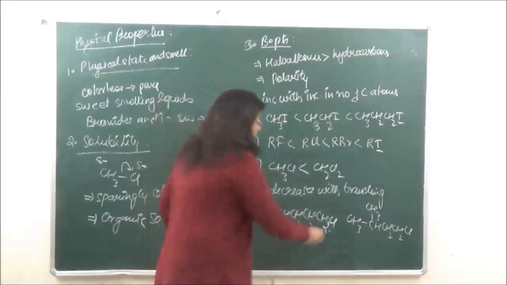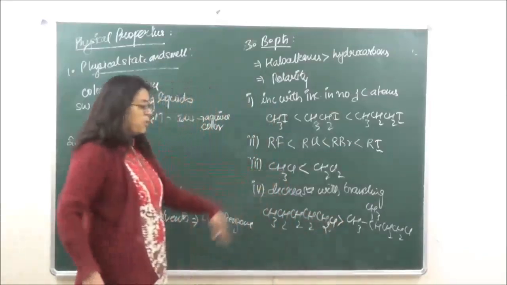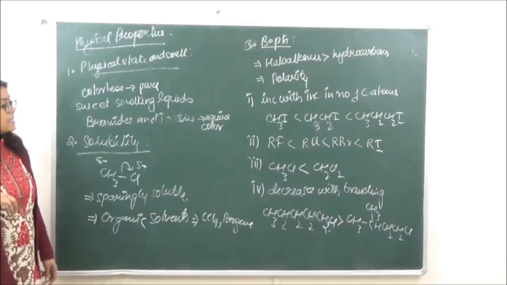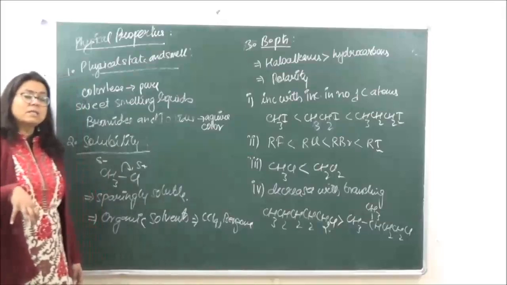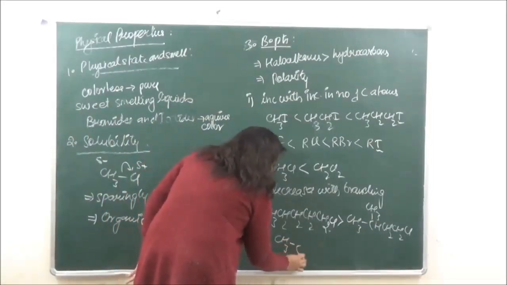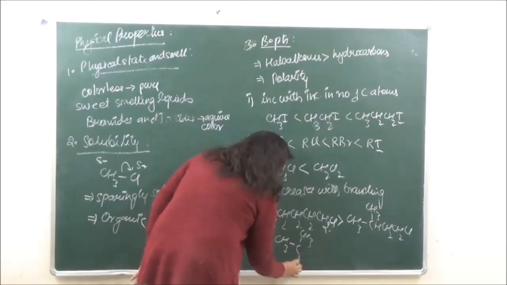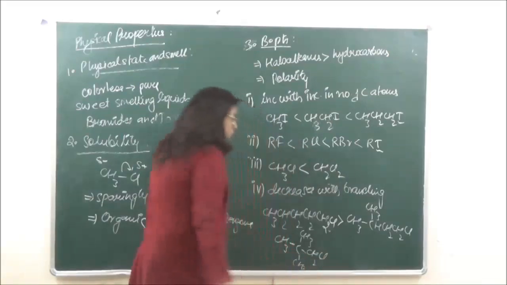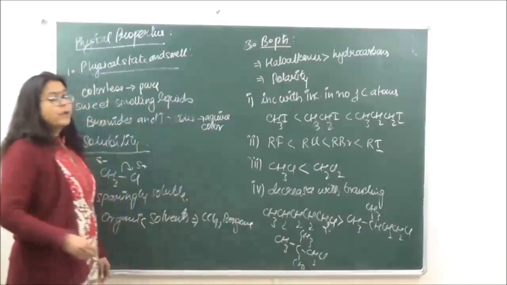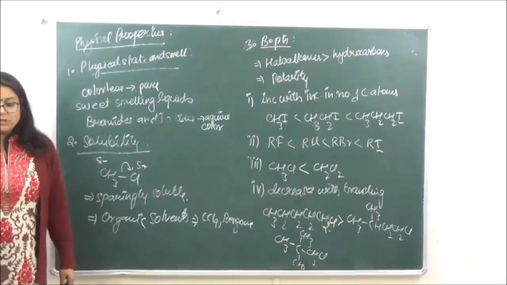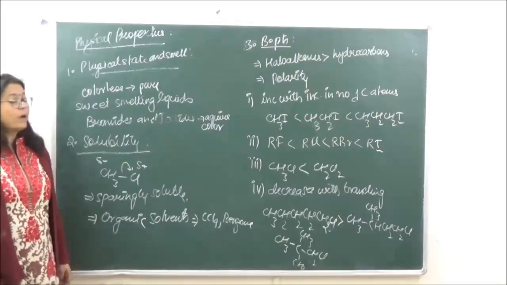So this is going to have a larger boiling point than the one which has a branch. As the branching further increases, we are going to have a compound of this type. If this is the compound, this is going to have the lowest boiling point. Is it clear? So these are the physical properties of haloalkanes.